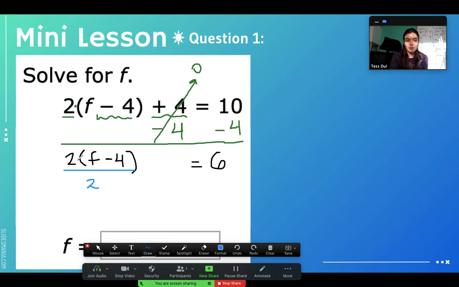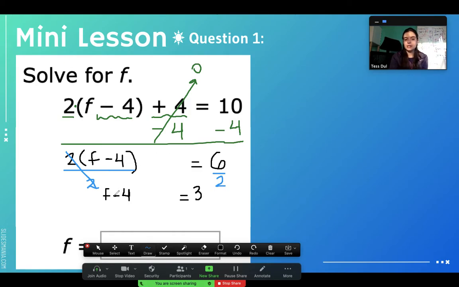Well, 2 divided by 2, anything divided by itself is 1. So that goes away. Let's remind ourselves we have to divide this side by 2 as well. Now we're left with f minus 4 on this side of the equal sign. And we're left with, what's 6 divided by 2? That gives us 3. So we're left with f minus 4 equals 3.